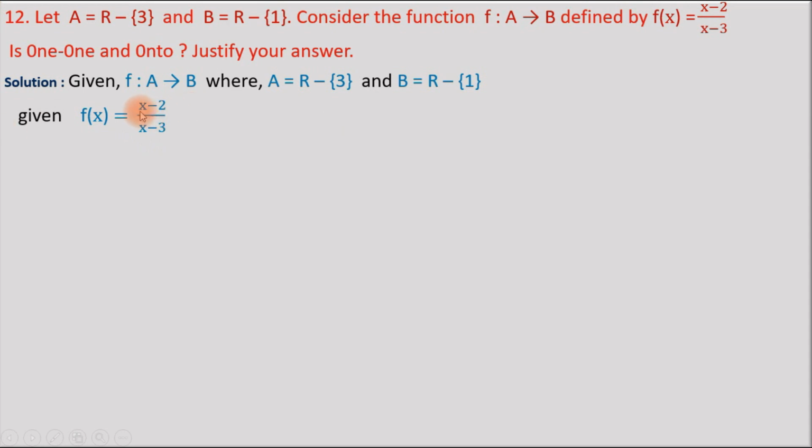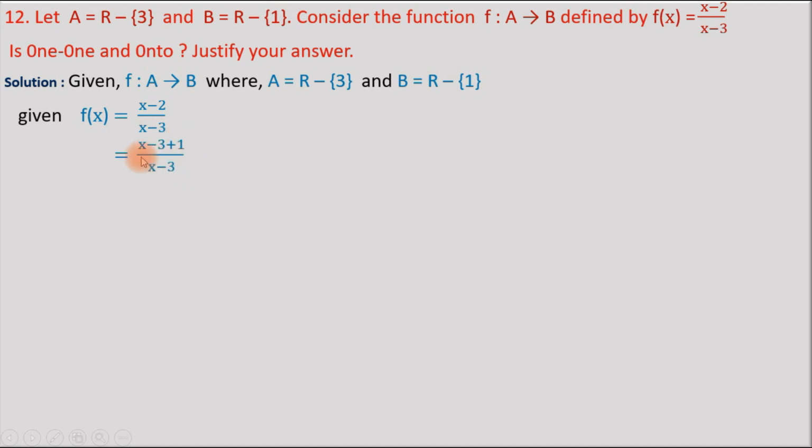So, the numerator x minus 2 can be written in terms of x minus 3 plus 1. Means minus 2 can be written as minus 3 plus 1. Hence, the numerator x minus 2 can be written in terms of the denominator x minus 3, that is (x minus 3 plus 1) divided by (x minus 3).